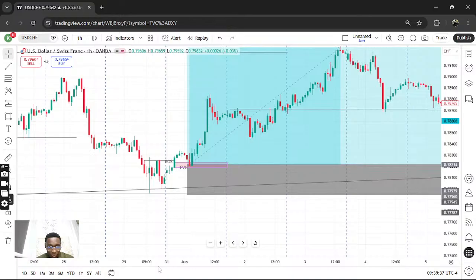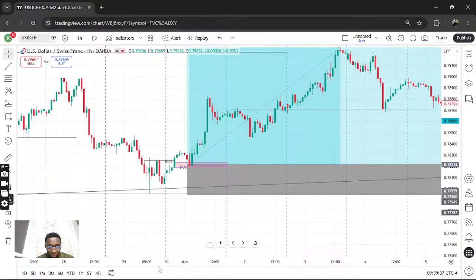Now, there is something that was created here. Okay? And then the market broke this particular structure. Market opened at this point. If you look in between, let me expand this so that you see in between the lines.